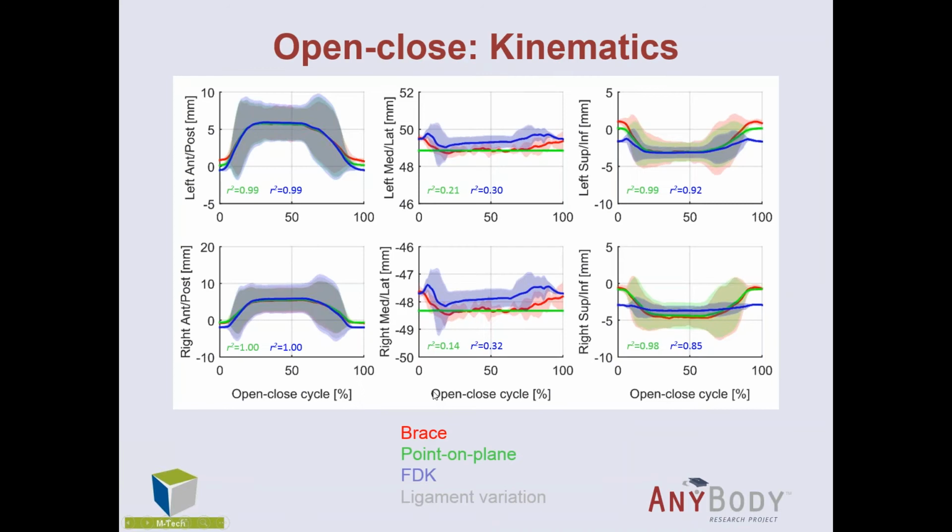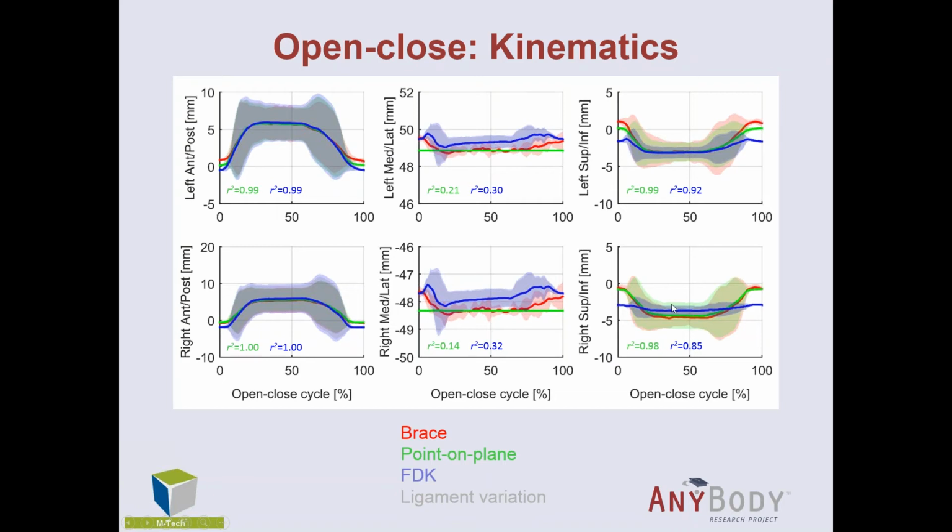So if we start with the open-close movement, and then we look at the kinematics, then the 6 graphs here show, if we start at the top row, the left anterior posterior movement in this anatomical skull reference frame. We have the left medial lateral movement, and then we have the left superior inferior movement over here on the right.